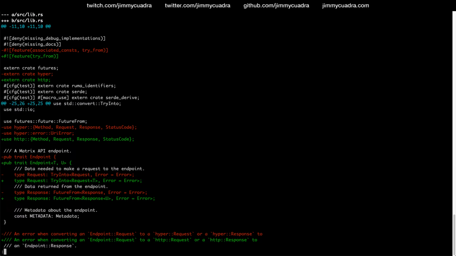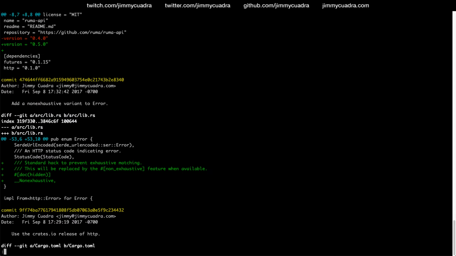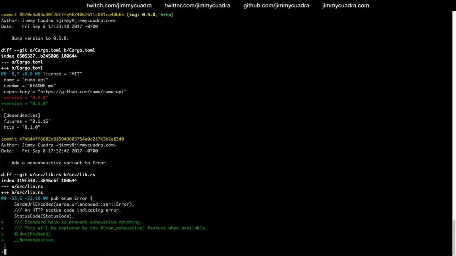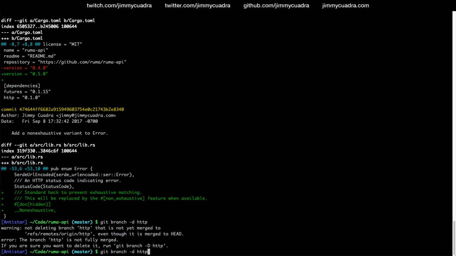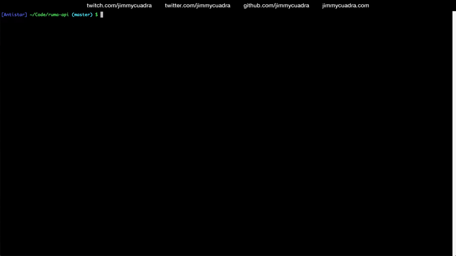Oh, before that it was just Hyper. But now we have the HTTP crate that makes some of Hyper's core HTTP types agnostic between HTTP implementations. So this is a really old branch. I can get rid of this too. I have no reason to keep this. It's long since been done.